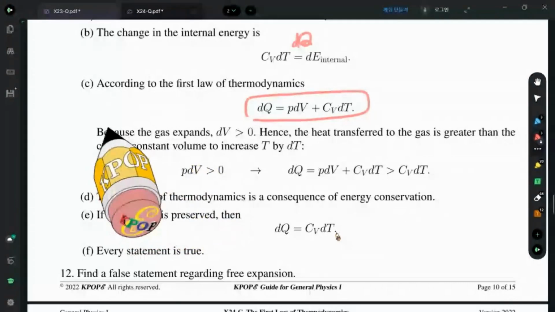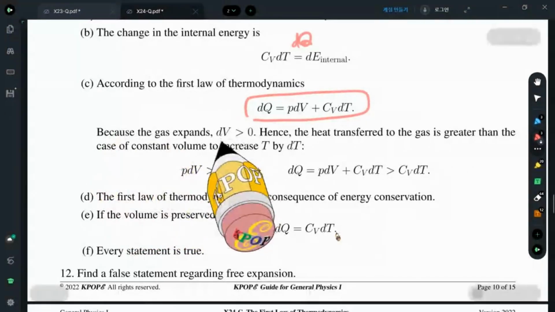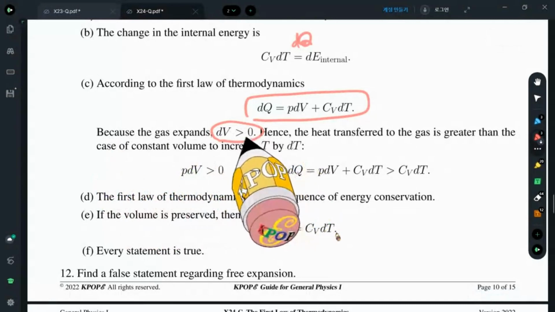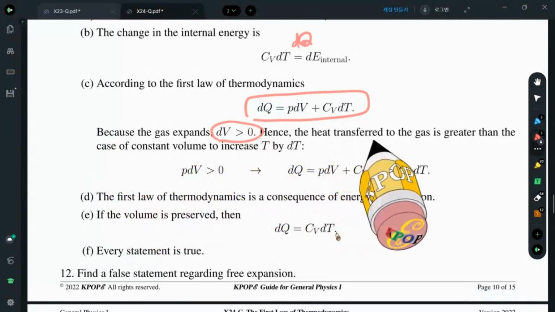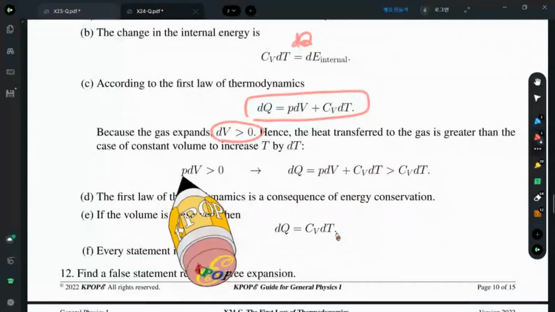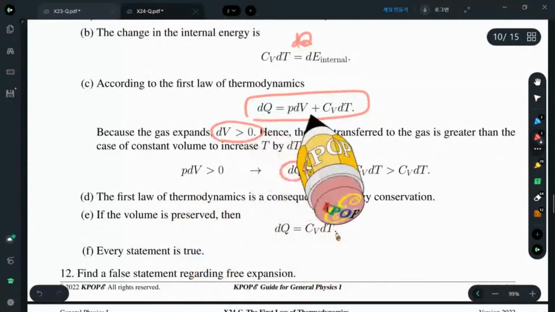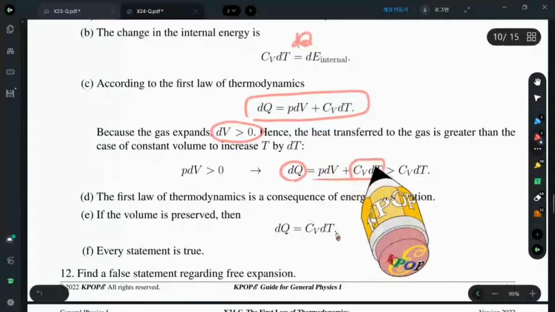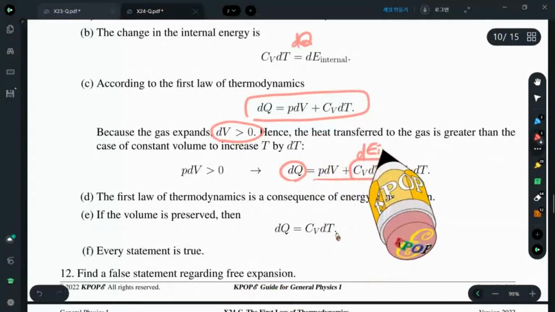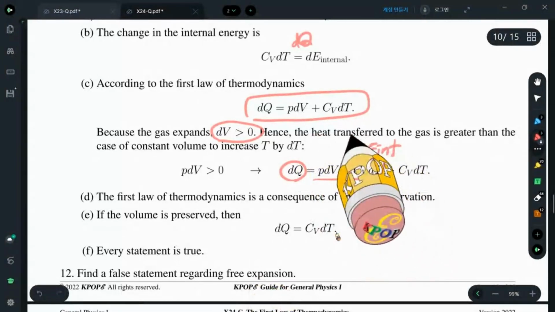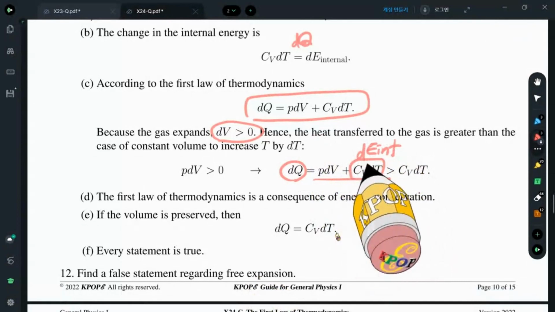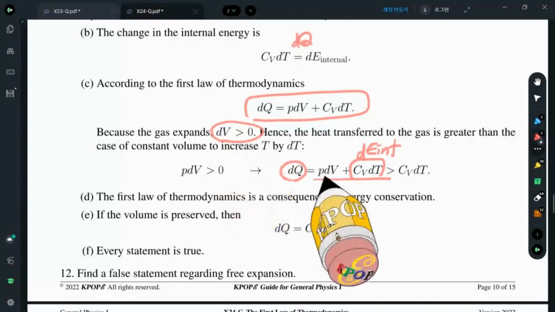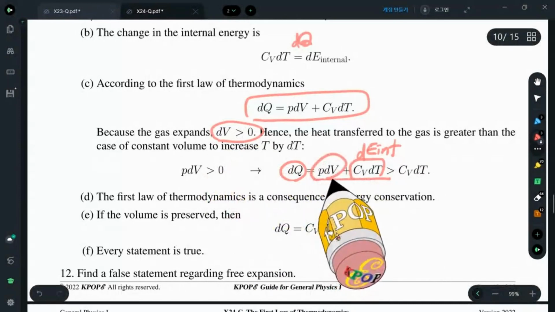If the gas expands, dV is positive. Heat transfers to the gas. The full expression is this, and this is the internal energy, which is expressed in terms of CV. If dV is positive, then this is positive.